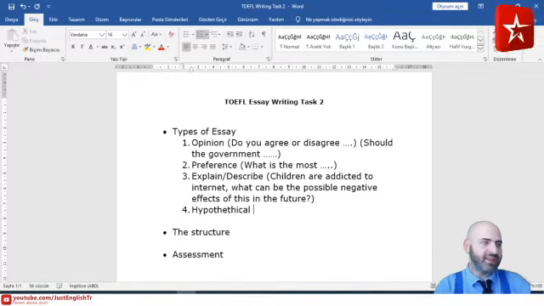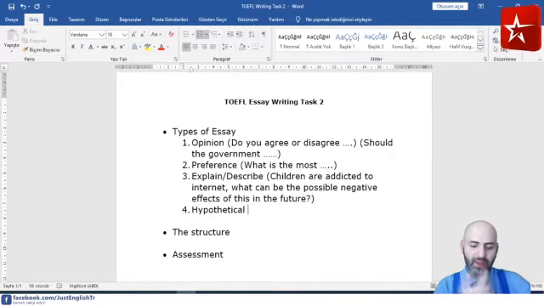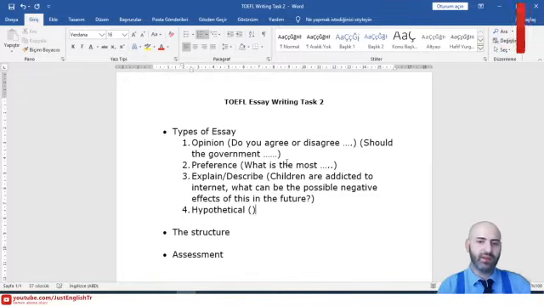Hypothetical type of essay asks you to describe some kind of situation which is not real. For example, the question can be, if you were the president of your country, what would you do? You are not the president of the country, therefore this is unreal situation, okay? Unreal situational essays.